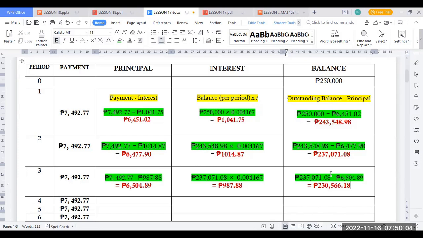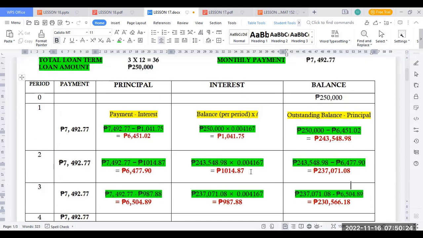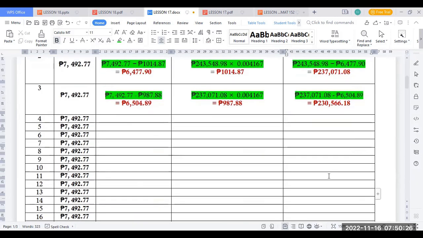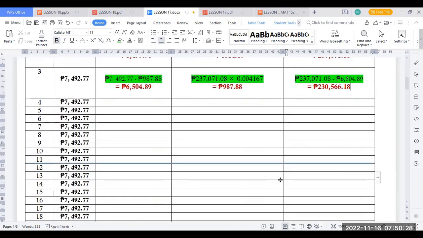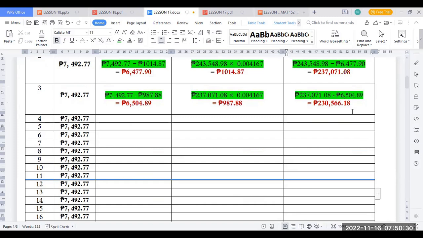So you just subtract the outstanding balance minus yung principal, and that will be the balance mo for the given certain period. Okay? Tapos, continue na lang yan. Careful lang din sa pag-round off.